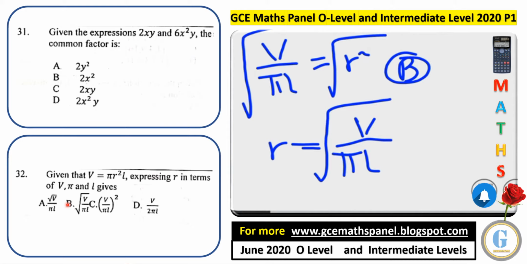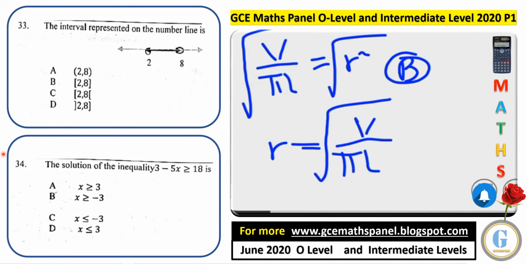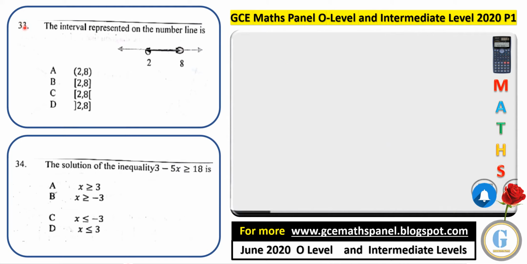Our key is B. Now question number 33. The interval represented on the number line is, well, when you look at this interval, you see that at 2 it is open, and at 8 it is also open.